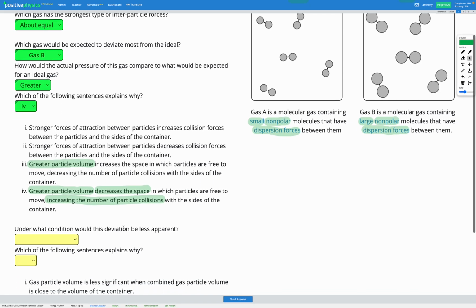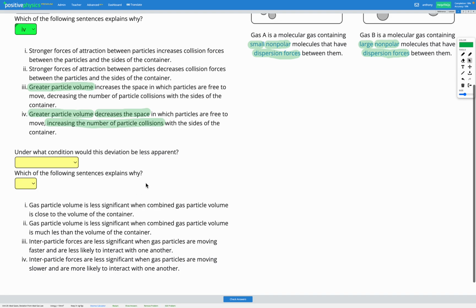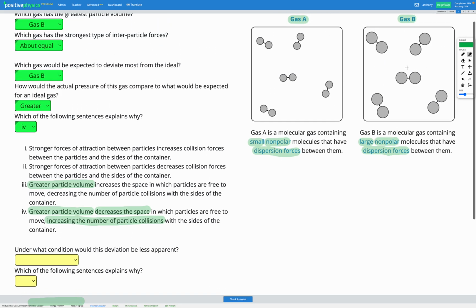Okay, lastly, we're looking at the conditions when this deviation would be less apparent. What that means is the conditions when our gas would be more likely to behave like an ideal gas. So let's have a look at our options down here. We're talking about gas volume, so that's going to be either number 1 or number 2. Let's look at our drawing here.